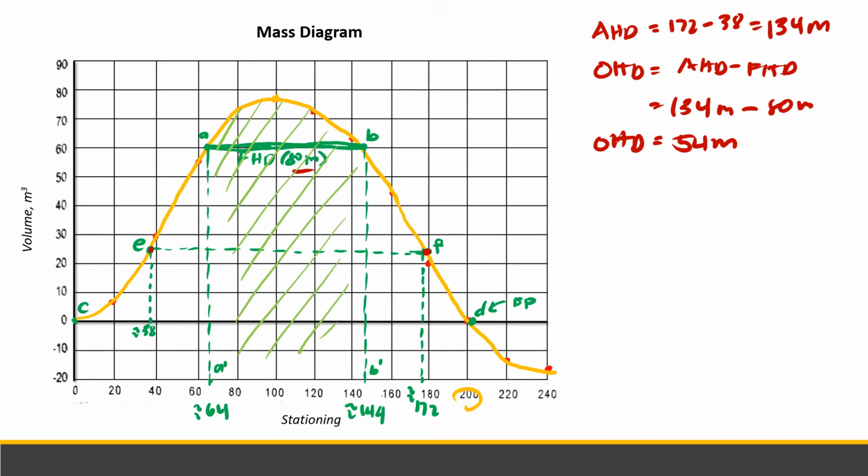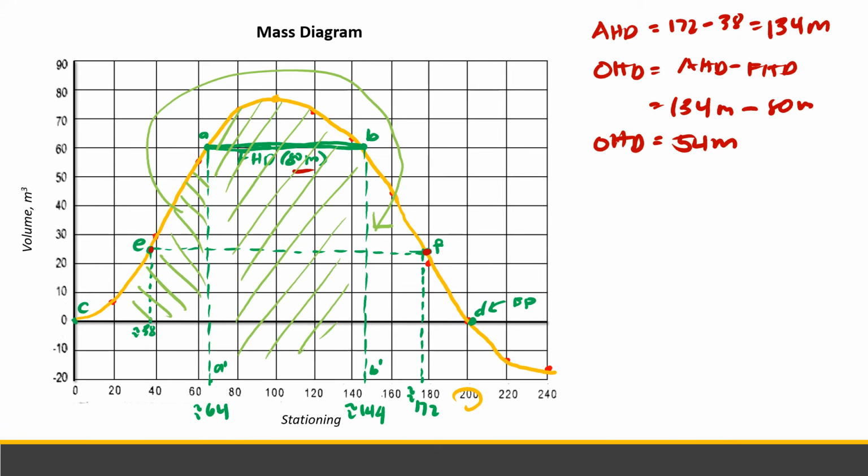So if you cut this section here, the CAA prime, that is to be filled dito na section sa BB prime D. So yan yung overhaul distance natin.